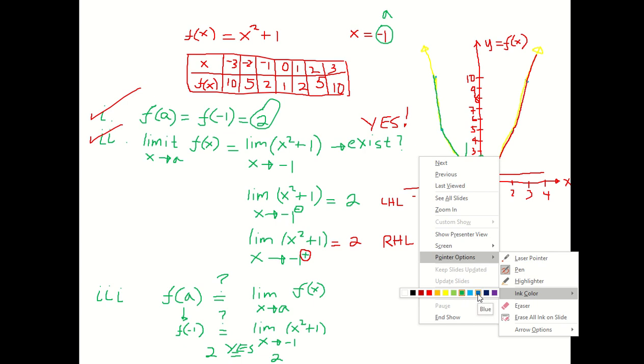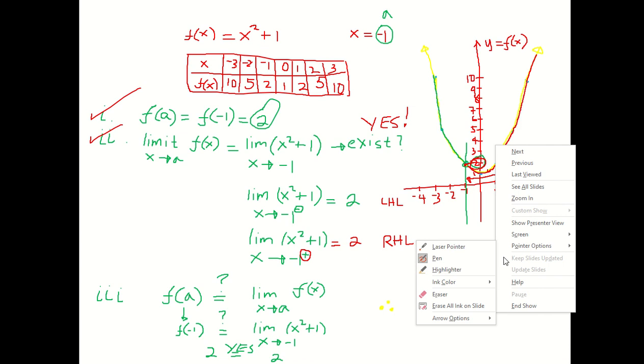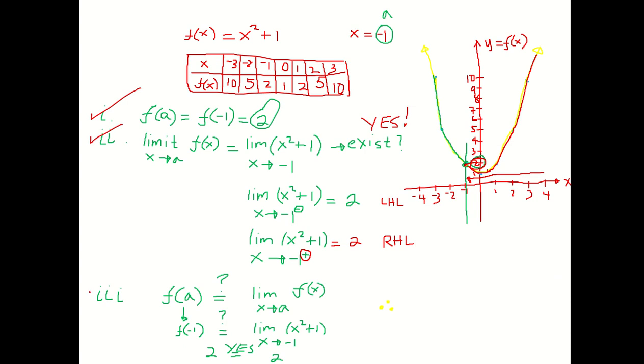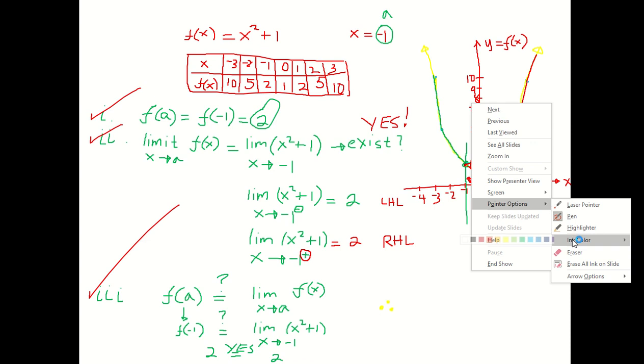Our conclusion here is, we have "therefore", this is the abbreviation of the word therefore, class. So when you make a conclusion, therefore, since all the conditions are satisfied, we can say that the function is continuous at x equal to minus 1.